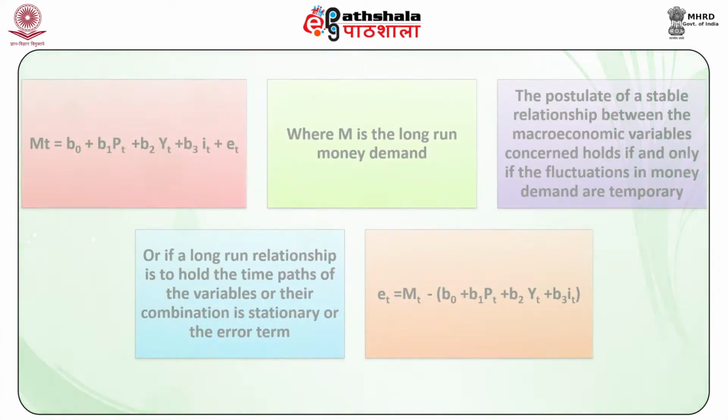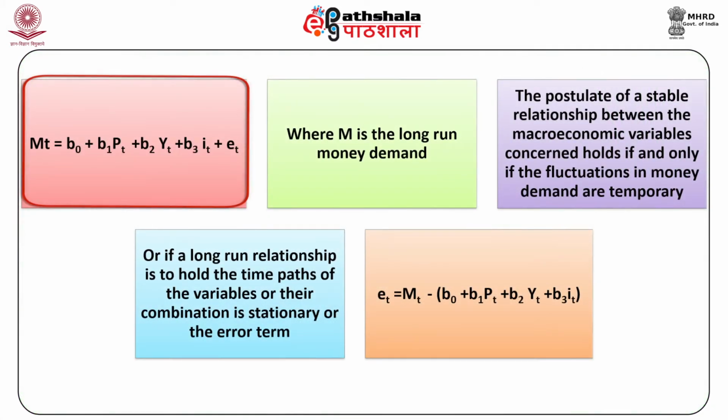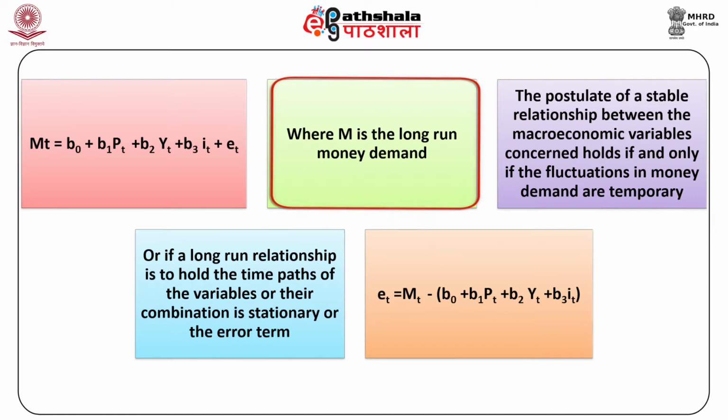Most money demand functions are of the type M_t = B0 + B1 P_t + B2 Y_t + B3 I_t + E_t, where M is the long run money demand.